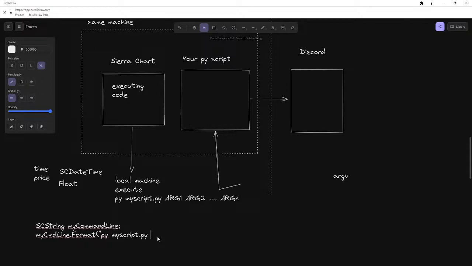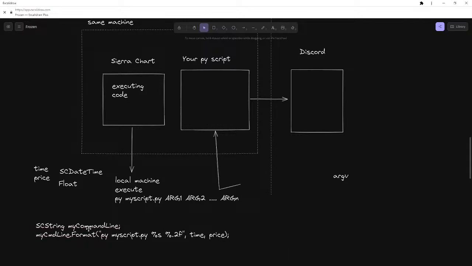And price as a float, you'll go something like that to limit it to 2 decimal points, and then put time and then price, and then whatever that command is to execute on the script on the command line.